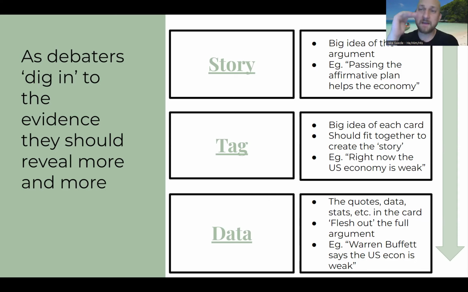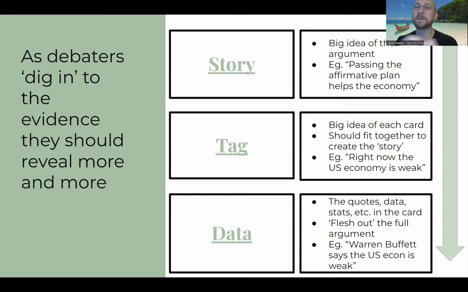Then they keep digging down, hopefully throughout the season, and they'll get more and more into the individual data itself in the cards. So in the cards themselves, the data is things like quotes, data, stats, the citation quality of each card.